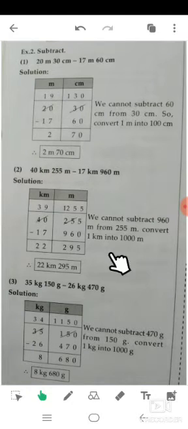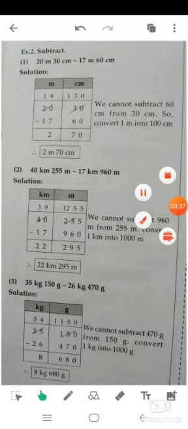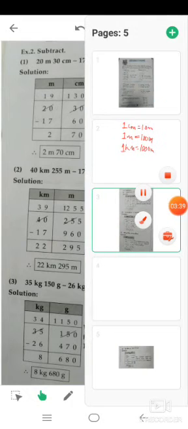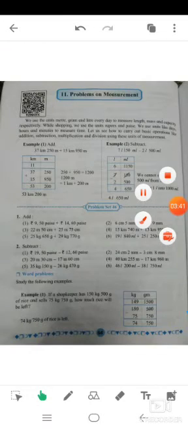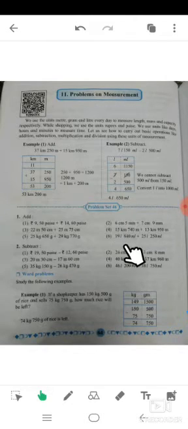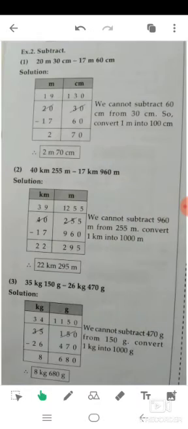Okay. Now see another one. This question is done. 40 kilometers and 255 meters subtracted by 70 kilometer and 960 meter.